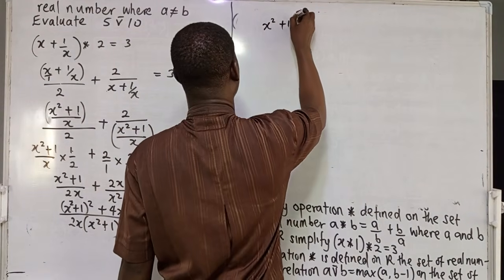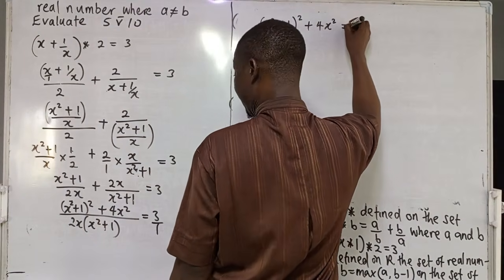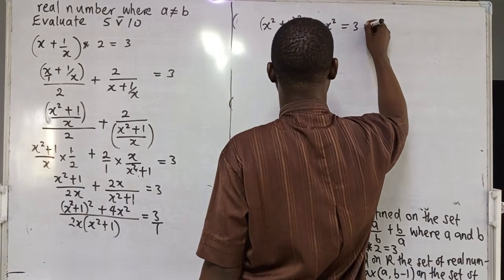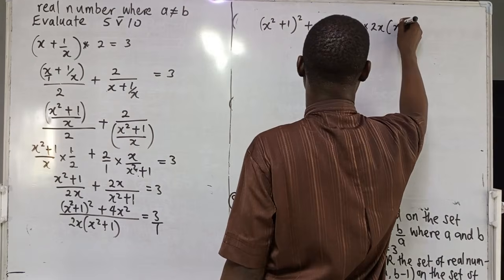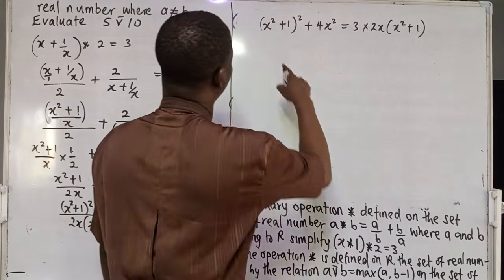X squared plus 1 all squared plus 4X squared is equal to 3 times the bracket, times 2X times the bracket X squared plus 1. So what I want to do is open up this bracket.